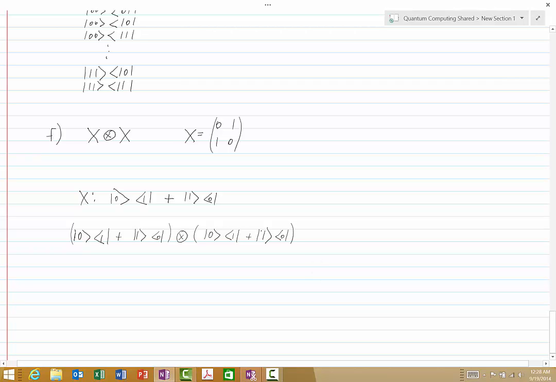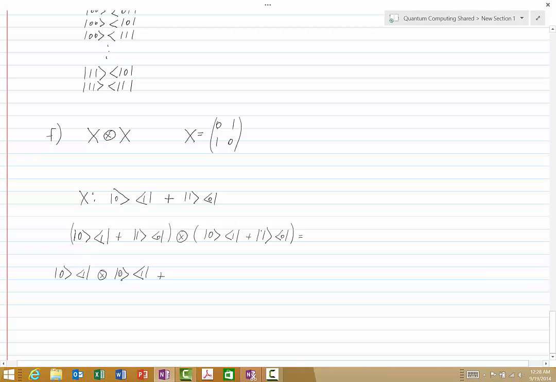Let's see what we would get. The first term will be ket 0 bra 1 tensor product ket 0 bra 1.